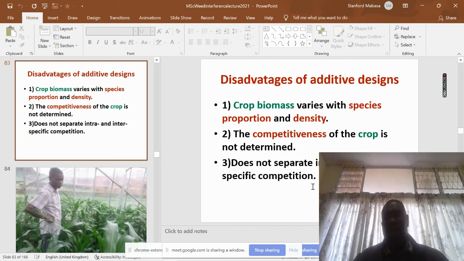We can use various cultivars and see whether the competitive abilities of the weeds are changing. Third, it does not separate intra and interspecific competition, like what I said, because we are dealing with these proportions.